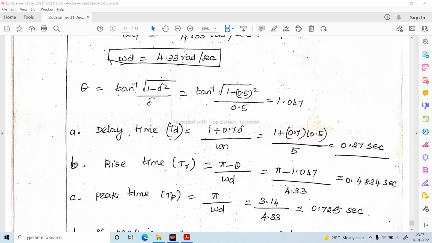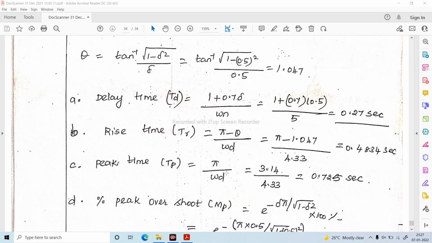Then delay time, directly we have the formula, 1 plus 0.7 delta divided by omega n. Directly substitute these values and we find the delay time is 0.27 seconds. And rise time is somewhat more than the delay time, that is correct. Pi minus theta by omega d, so 0.4834 seconds. And then peak time is also somewhat larger than the rise time, pi by omega d, that is also correct.